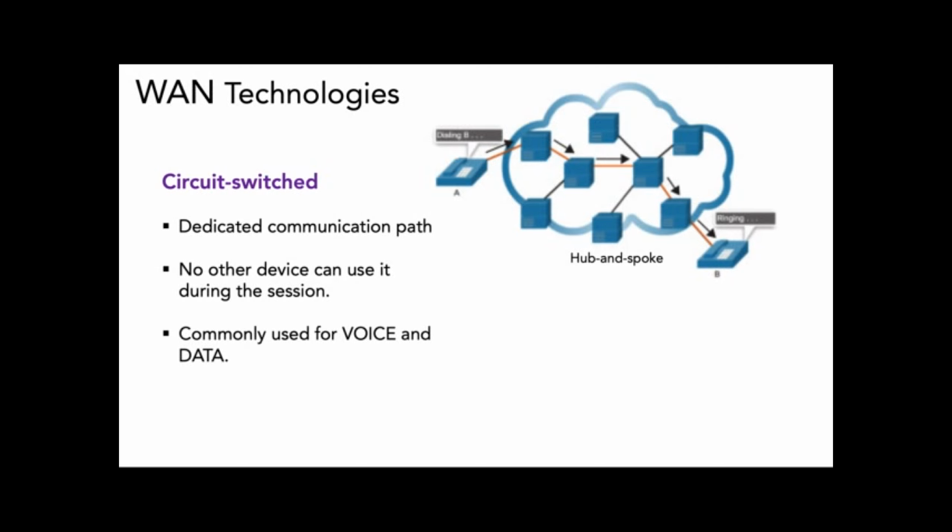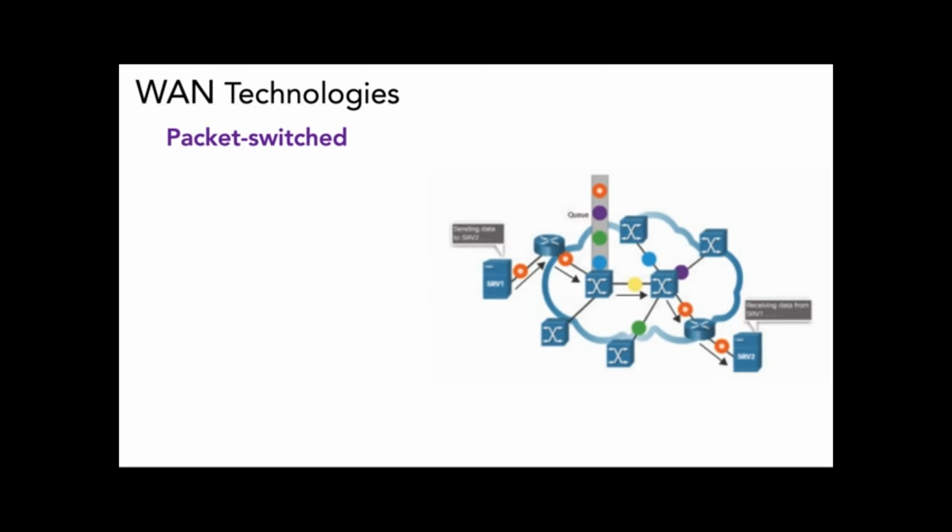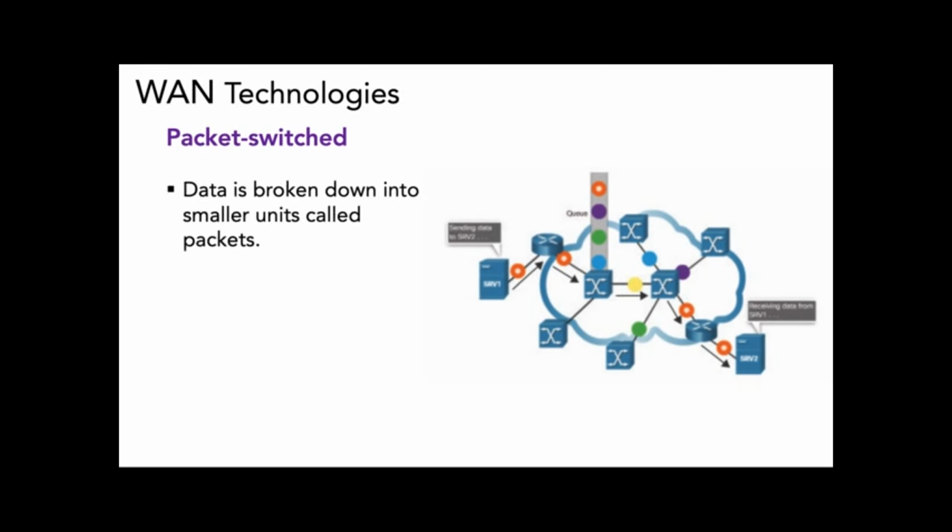Circuit switching is commonly used in voice and certain kinds of data communication, for example, PSTN or ISDN networks. The next type of technology we have is packet switch technology. Packet switching is a method of communication in which data is broken down into smaller units.